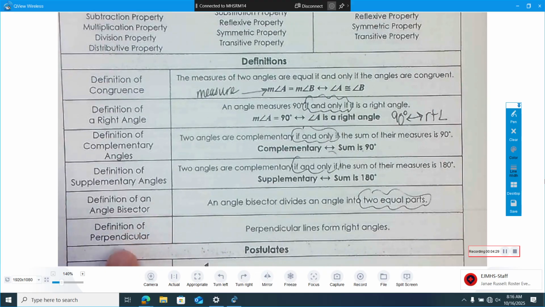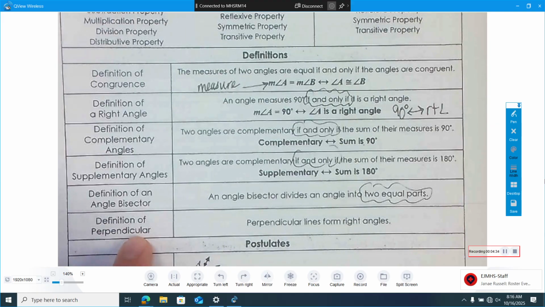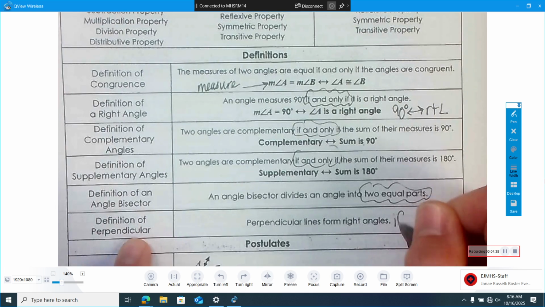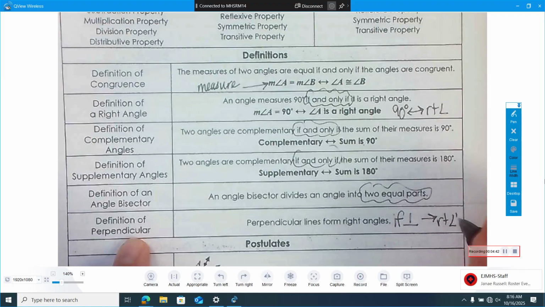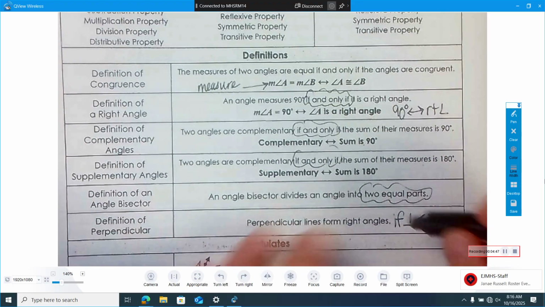All right, definition of perpendicular. What does it mean to be perpendicular? They form right angles. Again, we can tighten that up. We could say if perpendicular, then we have right angles, and we can do a double arrow there.